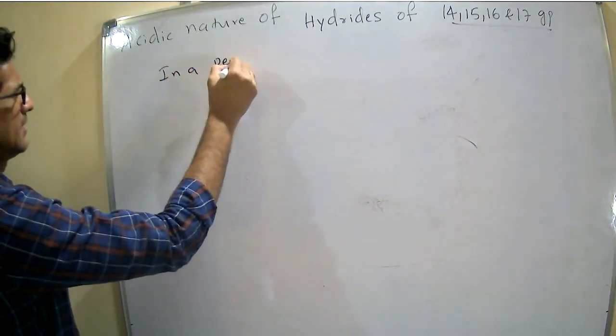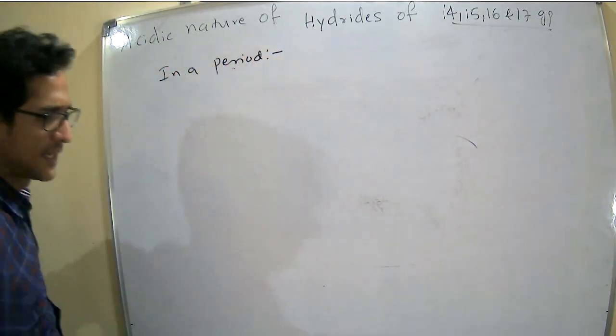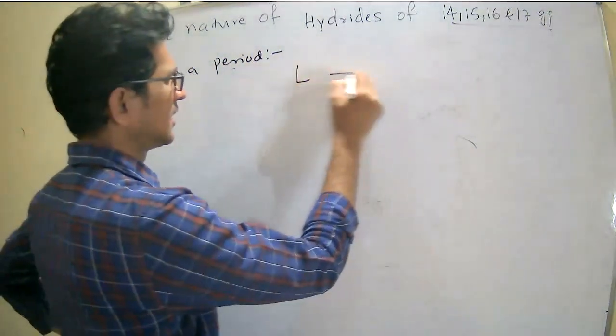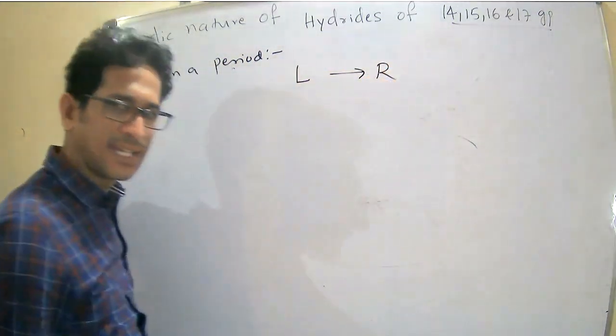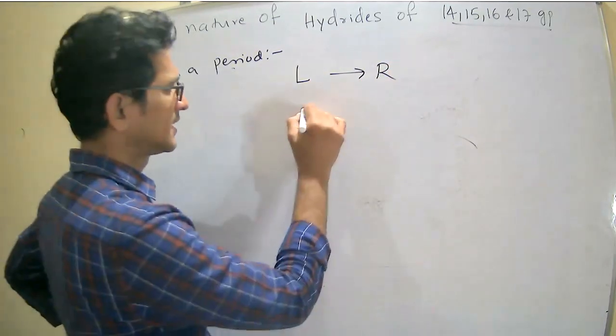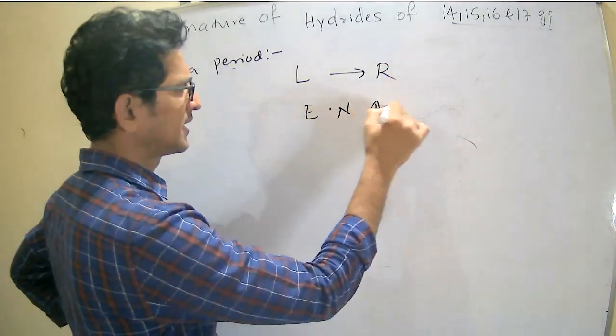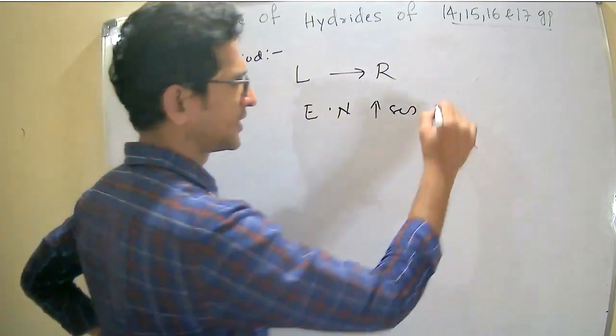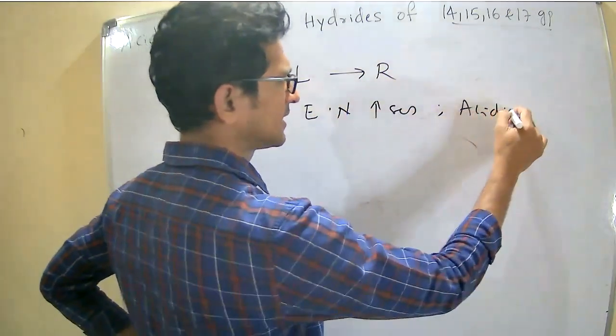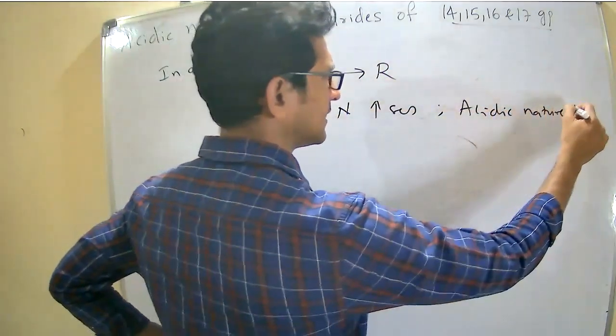In a period, left to right, electronegativity increases. Therefore, acidic nature increases.